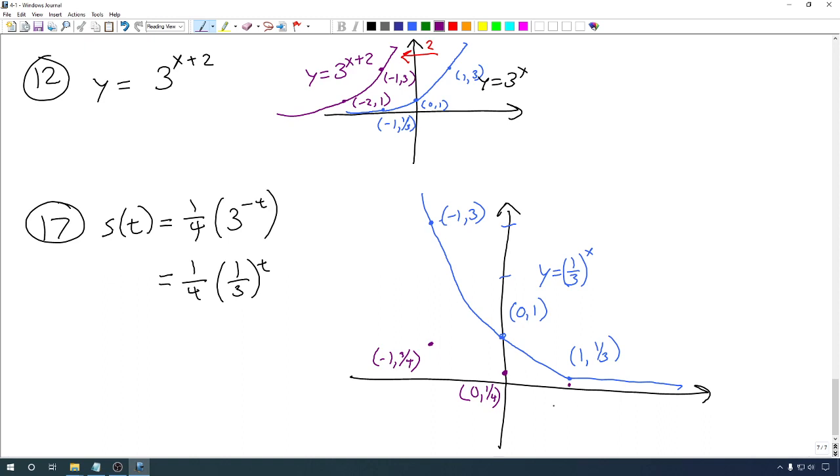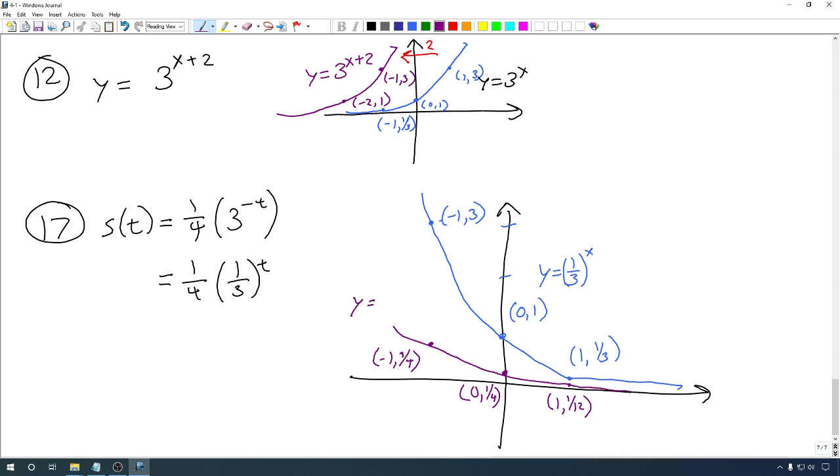Things here are maybe not quite perfectly to scale, but hopefully you can see why I'm having trouble drawing things to scale here. We actually have pretty small numbers here. But the point is that we're taking this original graph, and we're just kind of squishing it. And we're going to get a graph that looks something like that.